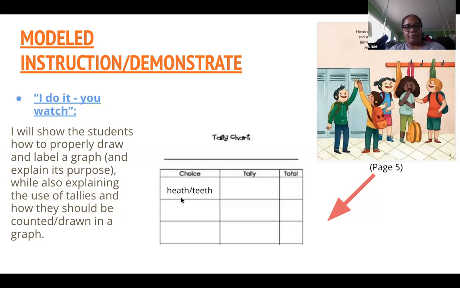So I put it right there. How many words rhyme together? That's 1 for Heath and 2 for teeth. So it's a total of 2 rhyming words.